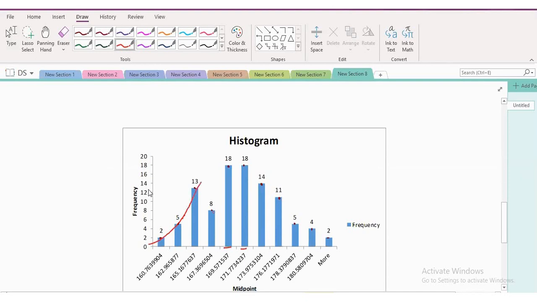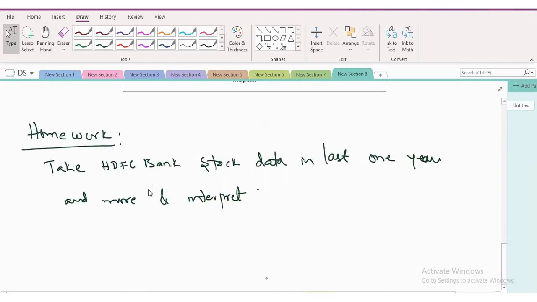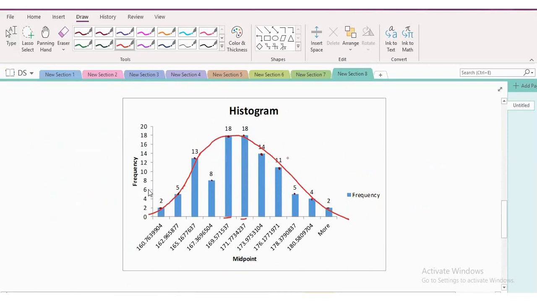Maybe I can ignore one or two, but overall, what is the shape it is looking like? Like this? So going forward, I am not going to draw the bars. If I draw it like this, what is the meaning of this? Inside there are some bars. I construct the histogram, I dot the midpoints, and I get this curve.